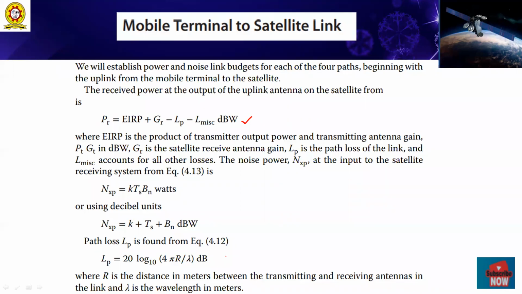From our previous theory, we got noise power equal to the product of Boltzmann constant, system temperature and bandwidth. That is equation number 2 here. So equation number 2 represents the noise power equation, whereas equation number 1 represents the received power.